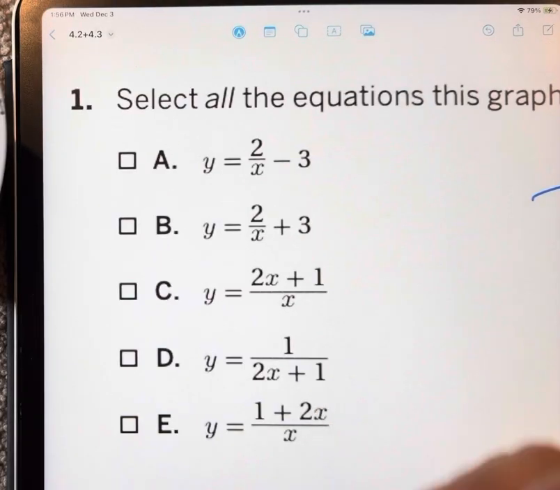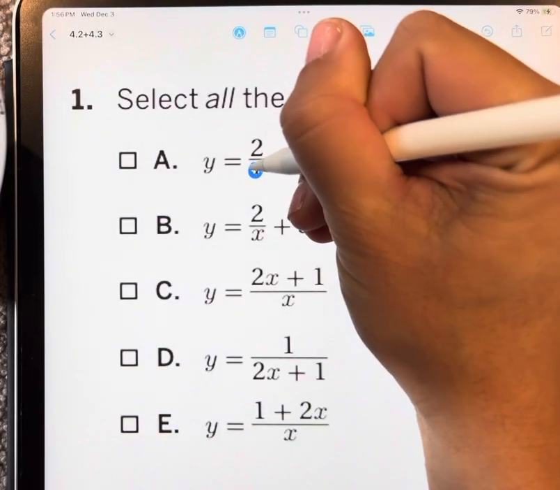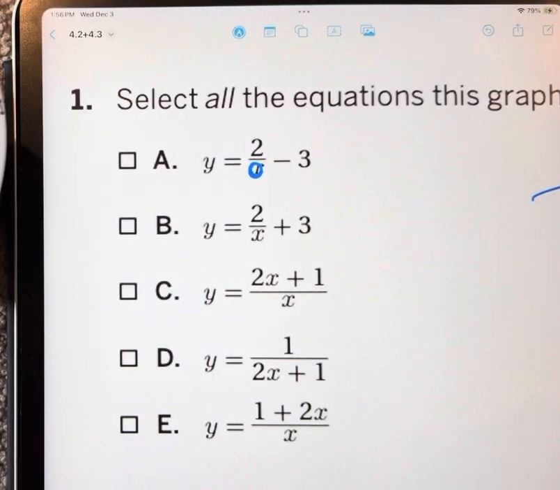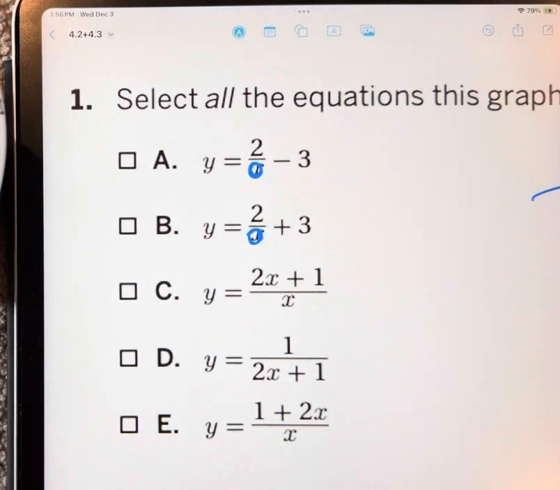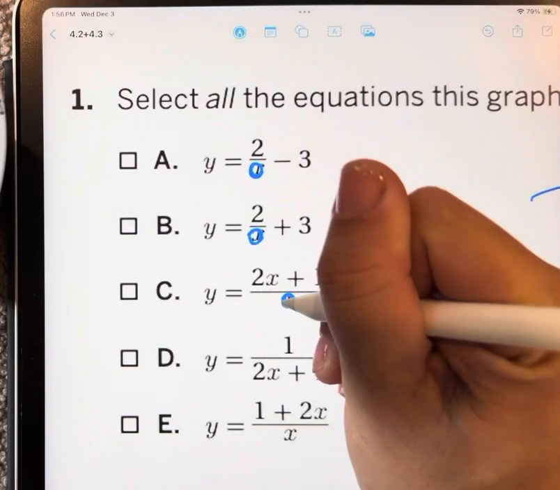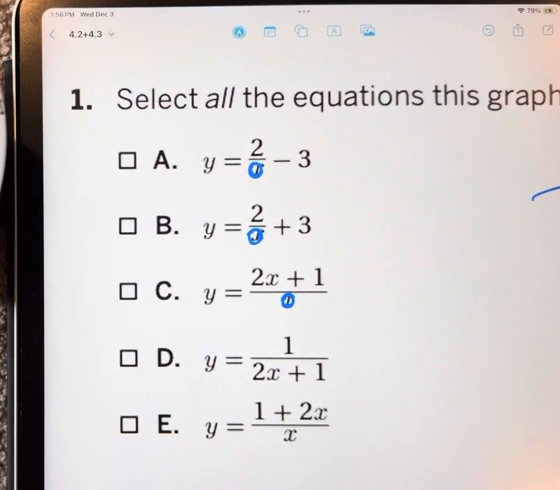Right here, if I put a 0 in instead of x, do I get a 0 in the denominator? Sure do. If I put a 0 in for x there, do I get a 0 in the denominator? I do. If I put a 0 in for x, does that put a 0 in the denominator?